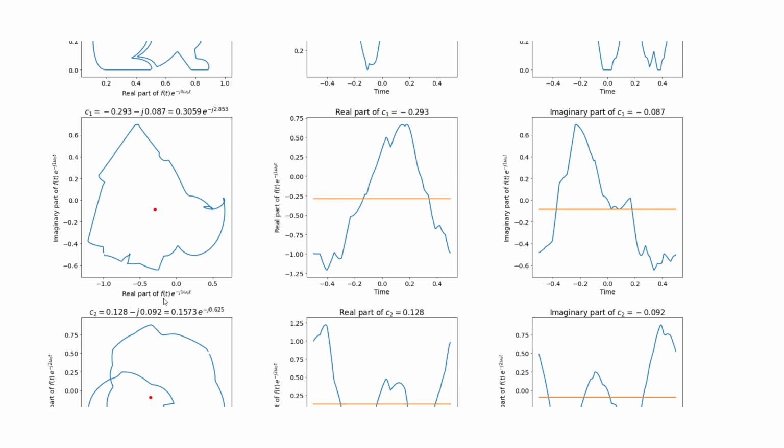Well, here you have the computation of C1. Now it's f of t times the exponential of minus j omega 0 t. This is why you have the original function distorted. You take the real part, the imaginary part, you plot it with respect to time over one period, and then you take the average of the real part and the average of the imaginary part.